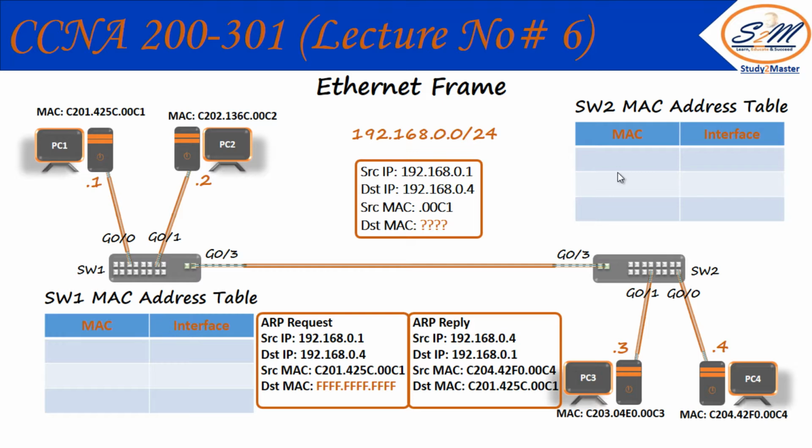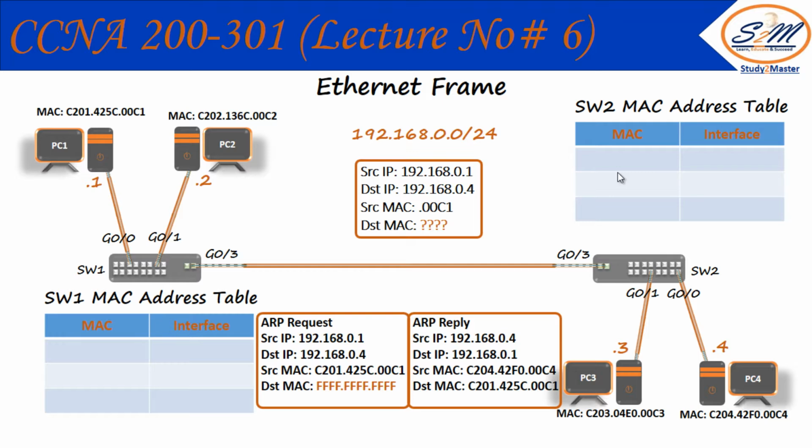So here PC1 sent a broadcast message on interface Gig 0/0. Now switch 1 received it on the Gig 0/0 interface. Now switch 1 broadcasted to all its interfaces except the interface on which it was received. It means on Gig 0/1 and Gig 0/3.